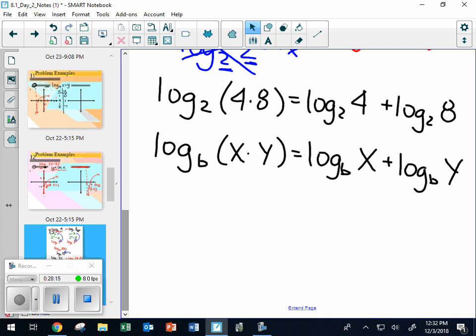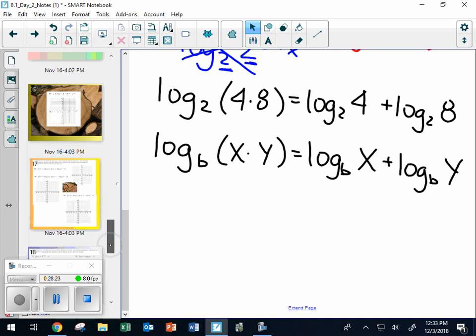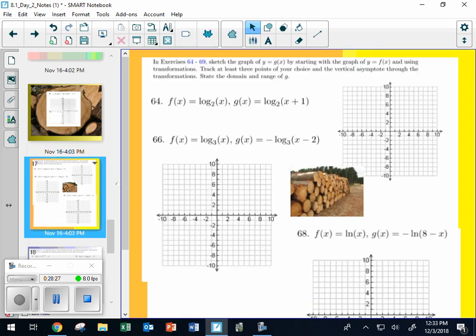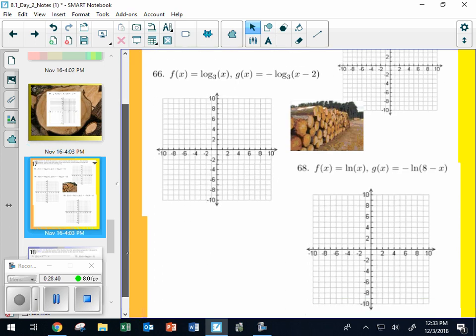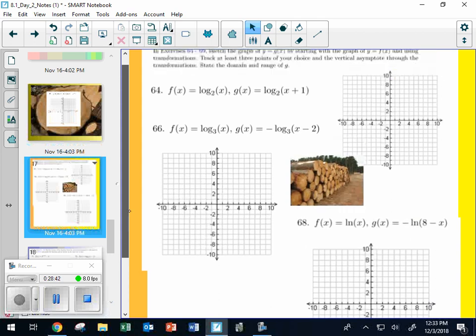We will go over the other 2 tomorrow, but what I would like you to do is, if you look at the homework, this is still kind of from the same homework section that we had last time, I believe. I would like you to do this whole page.